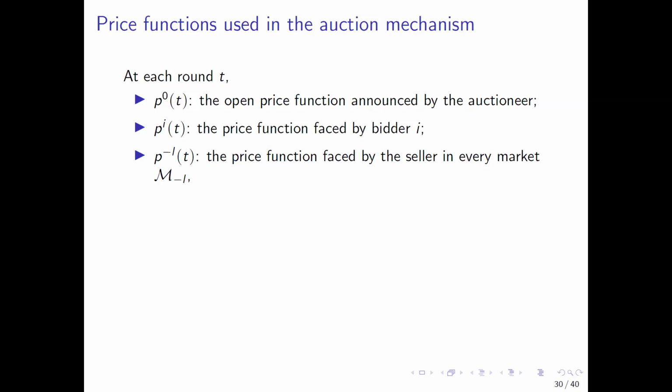This incentive compatibility option has to use this basic option for all n plus 1 markets. So that will be discussed in our next lecture. Okay, thank you. I stop here.